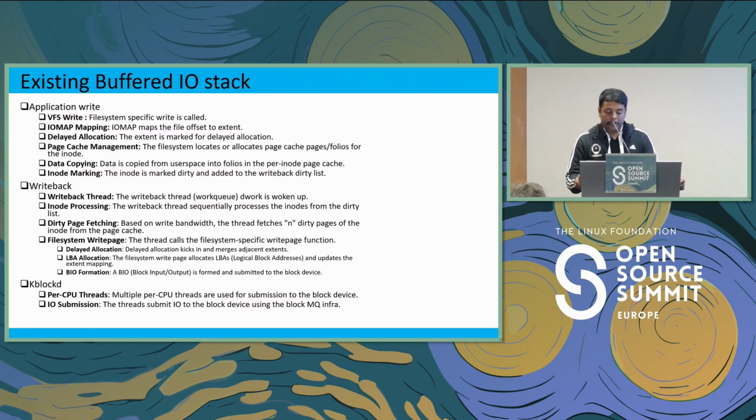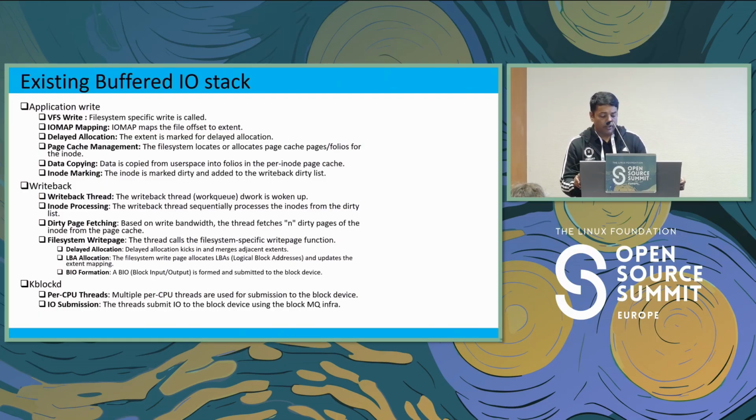So coming to the writeback thread now, the writeback thread has a list of all the inodes present with it. The writeback thread starts taking the inodes one by one from this list, and it starts the writeback. So this part of processing is sequential. After that, the writeback thread fetches a limited number of pages from the inode page cache, and it invokes the file system writepage.